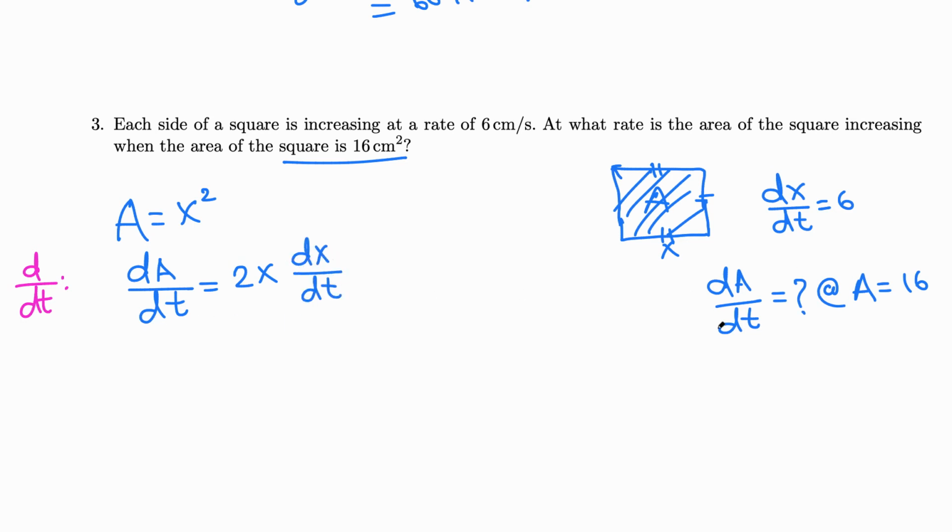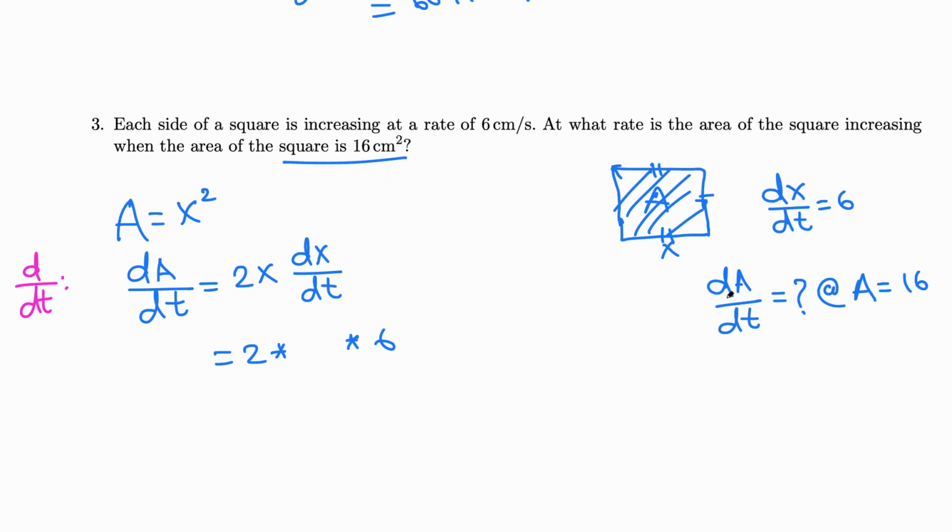Now let's plug in the given information and find the unknown. So dA over dt, that's what we were asked to find, equals 2 times x. We are given A but not x, so we'll find it in a moment, times dx over dt, which is given as 6. So x is missing.